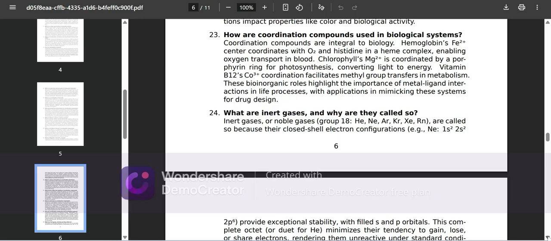In vitamin B12, Co3+ coordination facilitates methyl group transfers in metabolism. These bioinorganic roles highlight the importance of metal-ligand interactions in life processes, with applications in mimicking these systems for drug design.